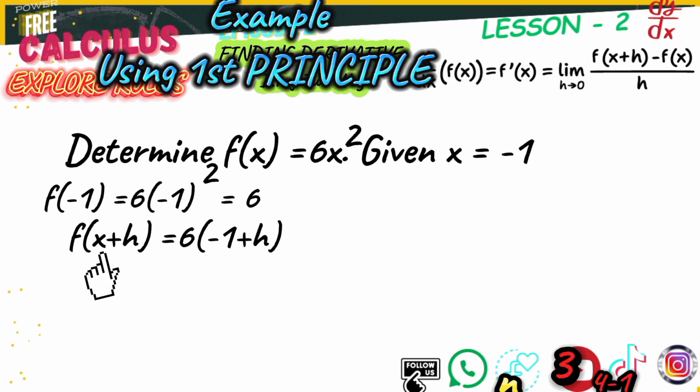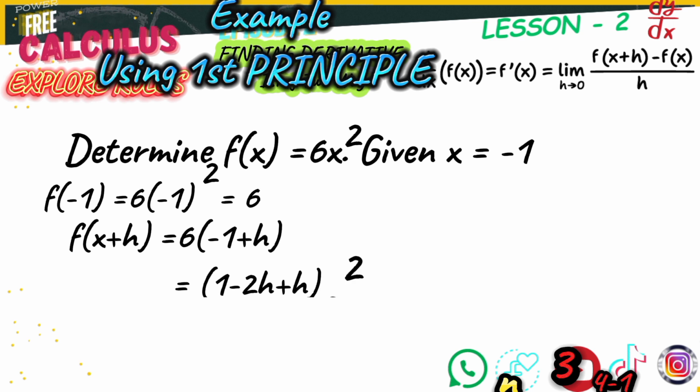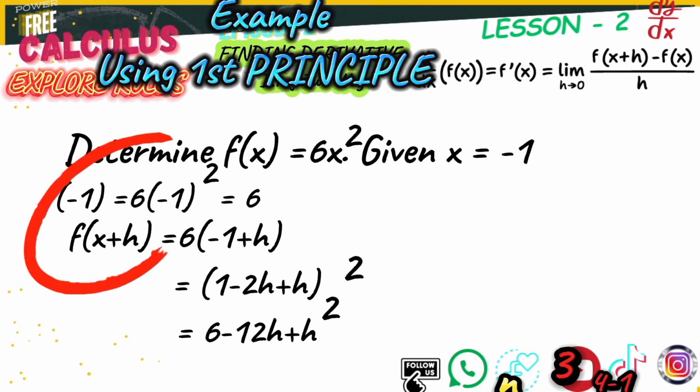So wherever we see the x, we put our -1. F at x plus h will be 6 into (-1 plus h) squared. And then we are going to simplify this. It will give us 6 minus 12h plus 6h squared. And then we are going to take these two, f at x plus h and f at x, and we're going to substitute them in this formula.